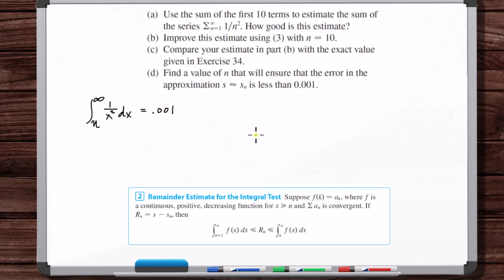Okay, but let's just do this. We're still going to get a valid answer to this question doing it this way. So, okay, we've got the limit as t approaches infinity of the integral from n to t.